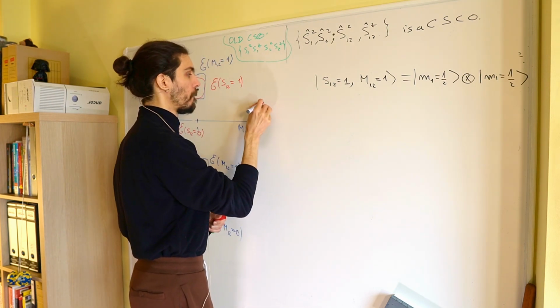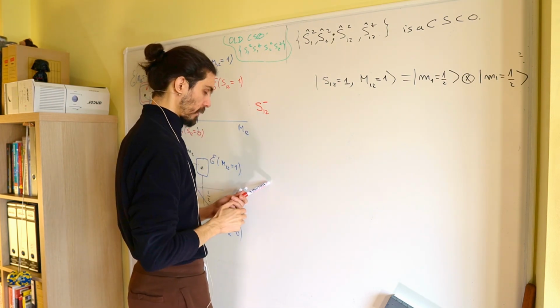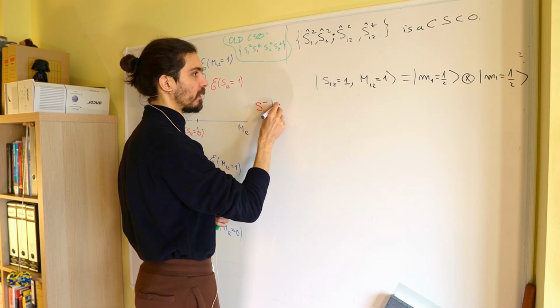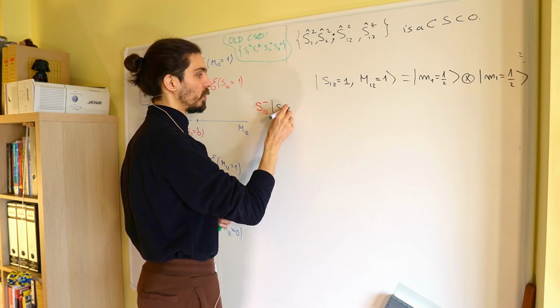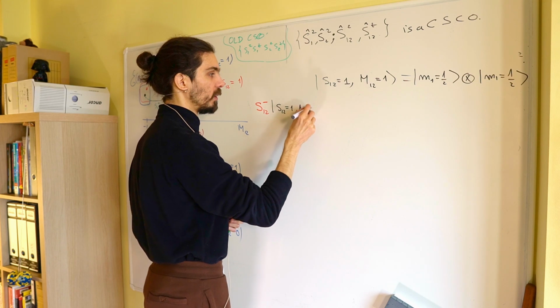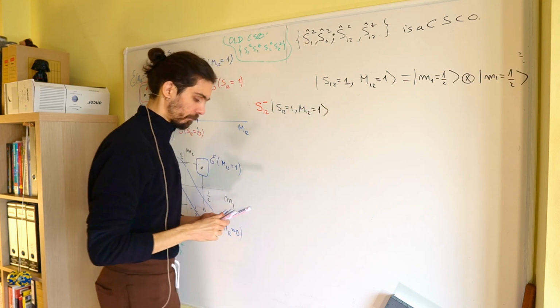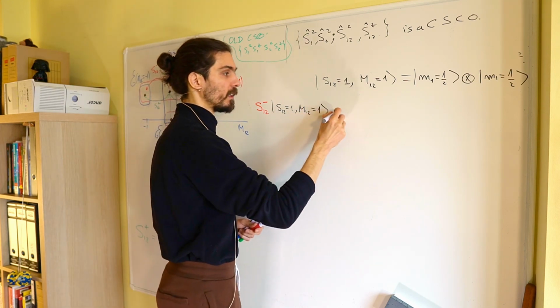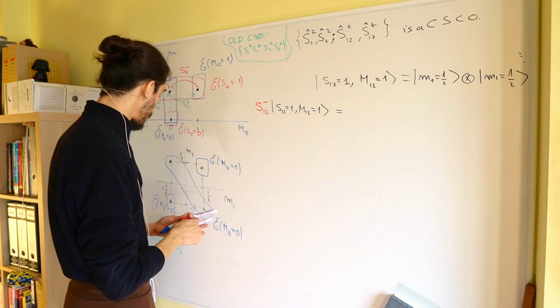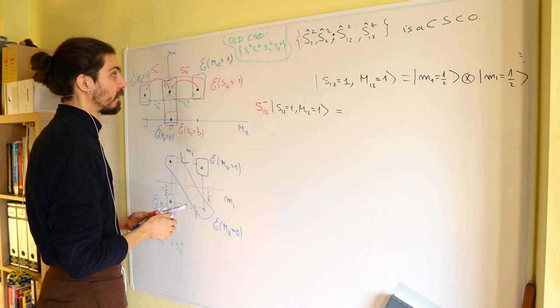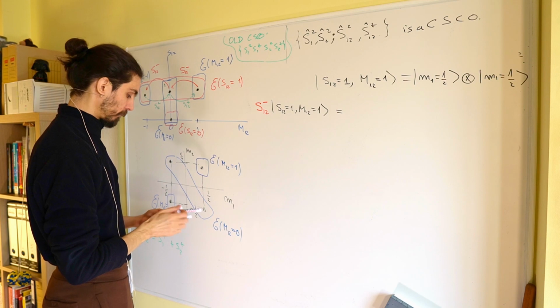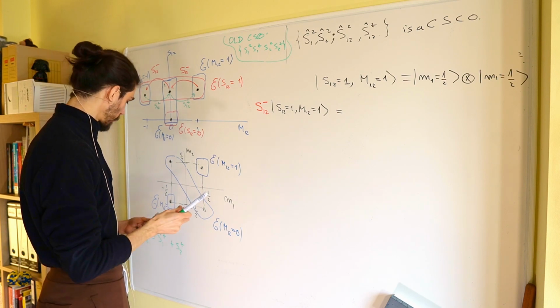So S12 minus, acting on the state s12 equal to 1, m12 equal to 1, is going to give us, please, I hope you remember the formula. I need the space to write it.